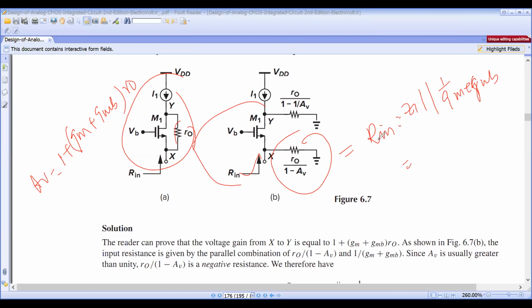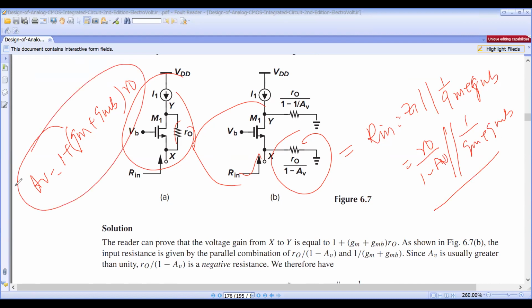Z1 is R0 by 1 minus AV, in parallel with 1 by (gm plus gmb). That's it. While calculating, the AV value is already here.